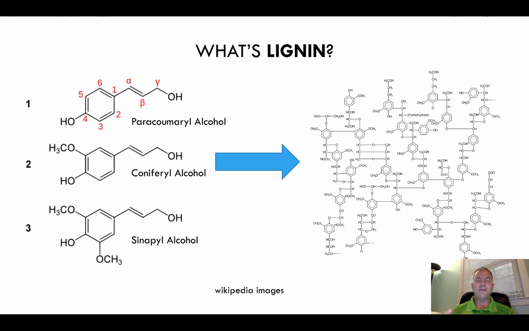This is just one of many potential structures. It's not the lignin, but it's one type of lignin. And you can see if you look closely that over on the upper part of that it says carbohydrate. So maybe it's linked to a carbohydrate. But this is a pretty complex molecule, and it varies greatly in structure. But this is part of what FDA considers to be fiber.